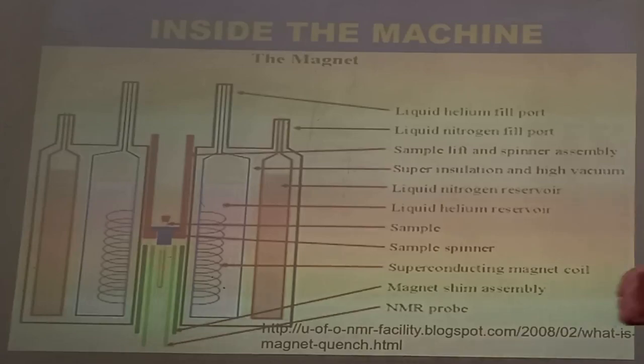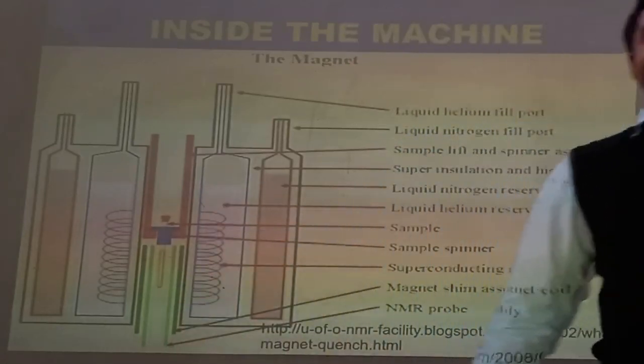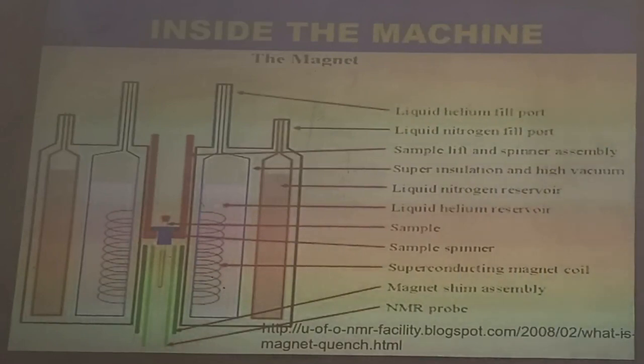Right here, these green lines, these are to indicate the NMR probe. There are different probes used in NMR machines, for different purposes. If you want to have normal analysis under normal conditions of temperature, at room temperature, right? So you have a normal probe.